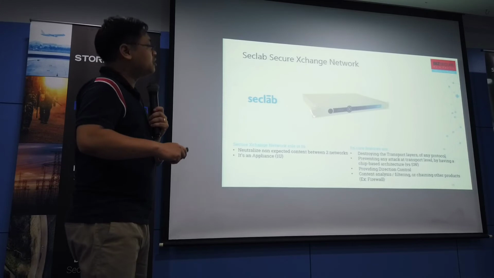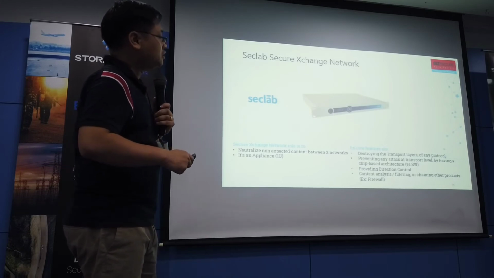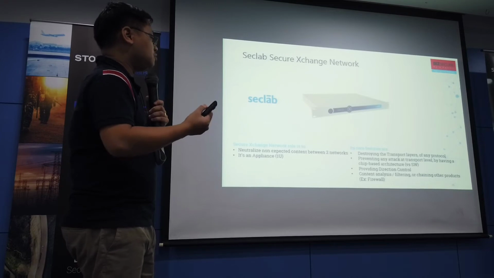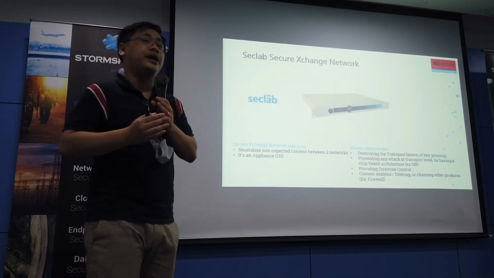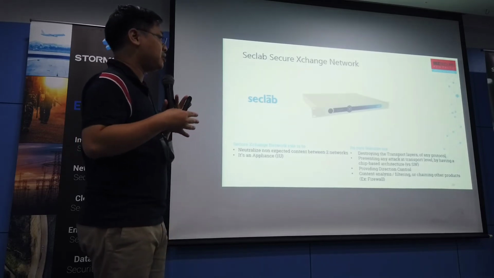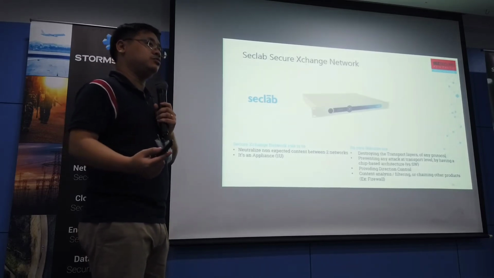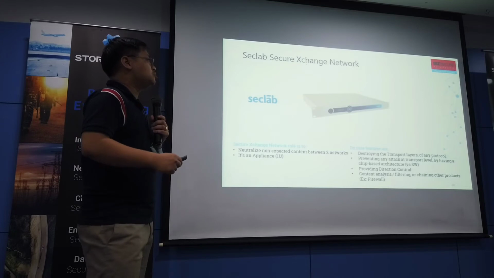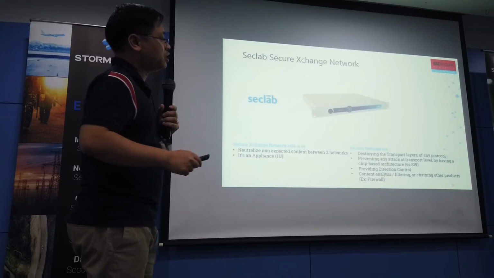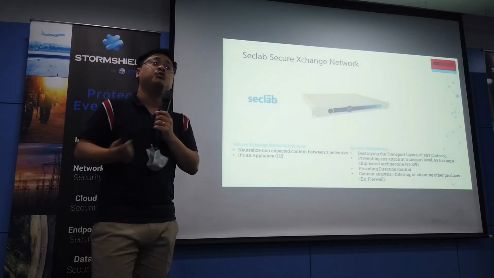So it allows you to connect two networks, and the specificity is that it's going to create what we call an air gap. It's called an electronic air gap between the two networks. So it means that you have one side, you have another side, and in the middle, you have what we call an electronic component.